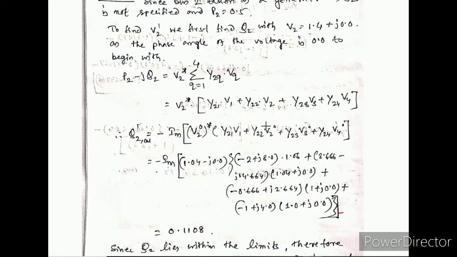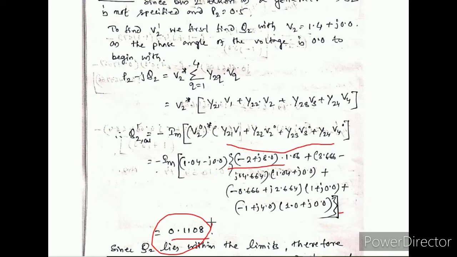So if we put these values in that equation as per my algorithm, you will get this equation. Now if we put all the values and calculate, we will get the Q to the power 1 value, that is 0.1108. Now what is this 0.1108? This is the Q value, that is the reactive power, the Q2 value.